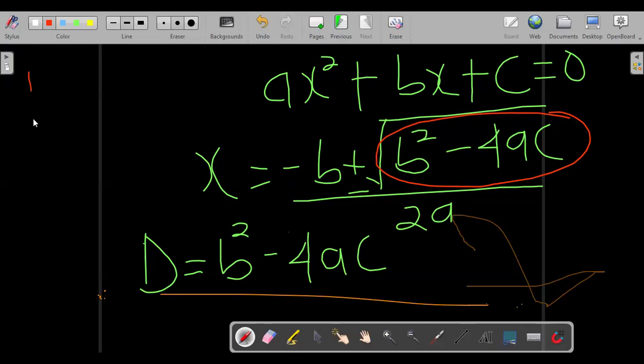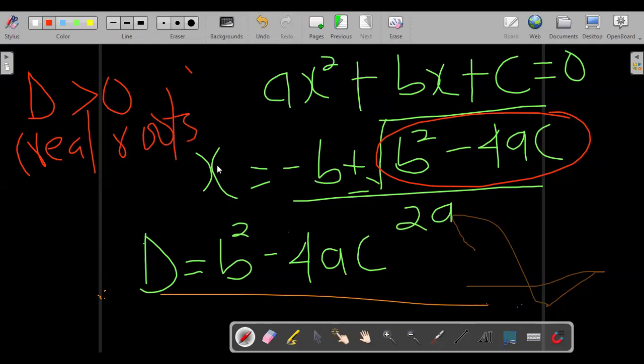If D is greater than 0, for instance, if b is 3, b squared is 9, and a and c are 1, at the end of the day you have a value of D greater than 0, such as 1, 2, 3. We call that real roots.